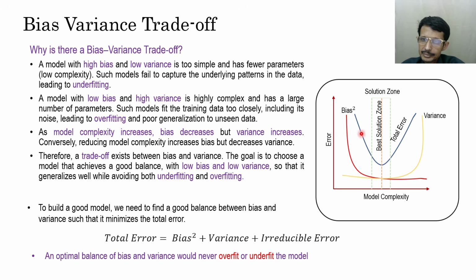So this particular chart gives an idea of which model complexity we should retain for our model so that we get not high bias and not high variance.